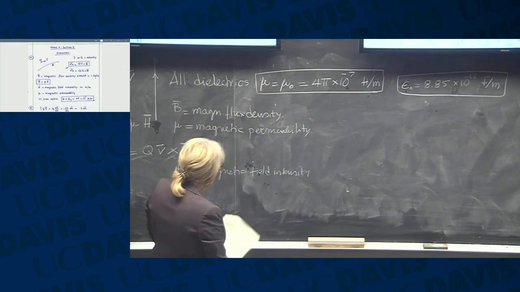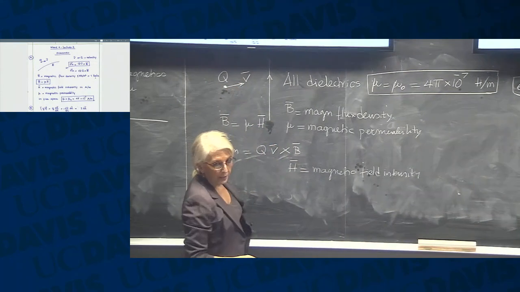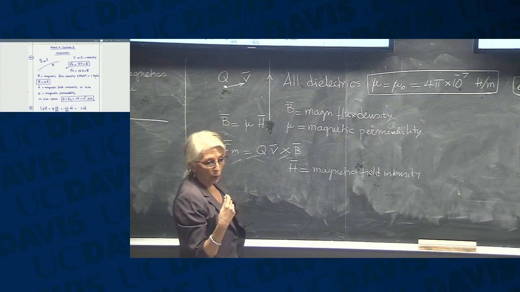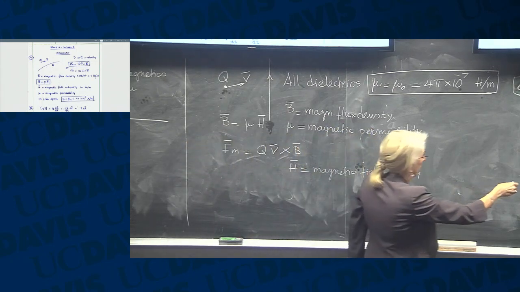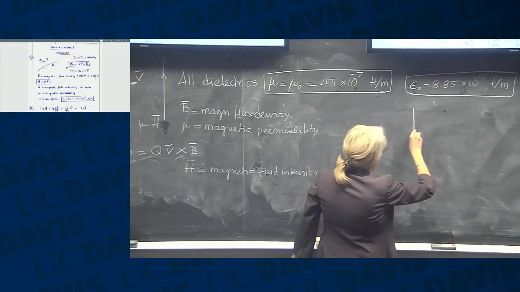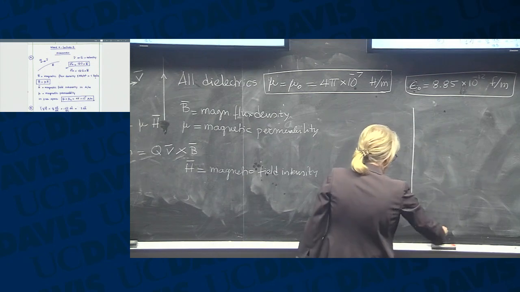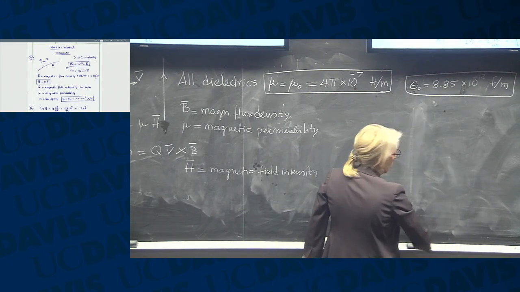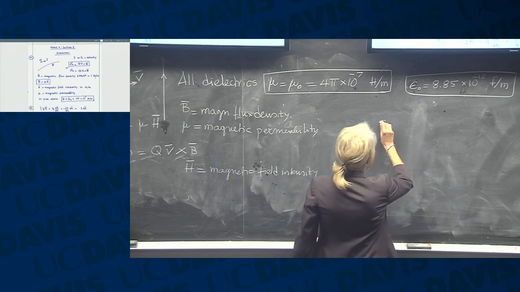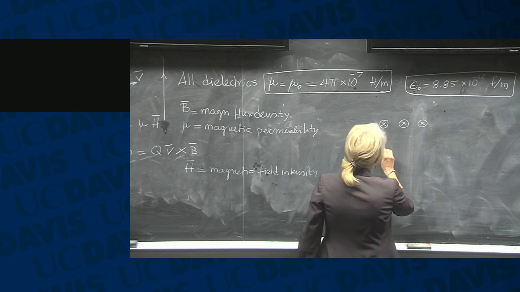Okay, now let's try to go from charges to currents and see what if I, instead of having a charge in a magnetic field, now I have a magnetic field. Let's assume that the magnetic field is uniform, everywhere.